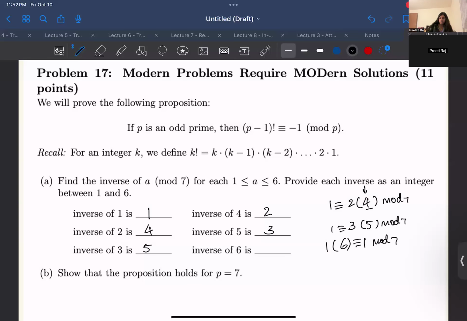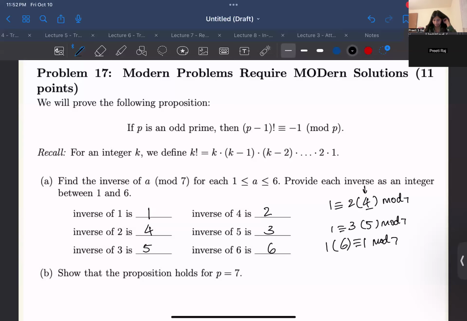So let's think. 6 times 2 is 12. 6 times 3 is 18. 6 times 4 is 24. 6 times 5 is 30. 6 times 6 is 36. 36 minus 35 is 1 mod 7. So the inverse of 6 is 6 mod 7.